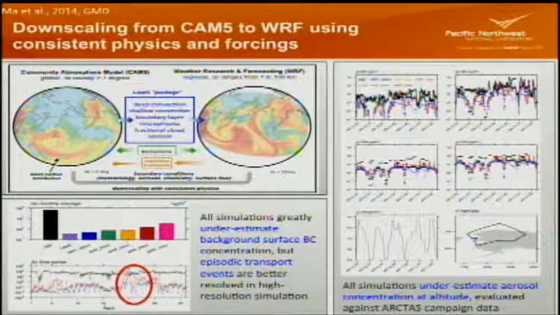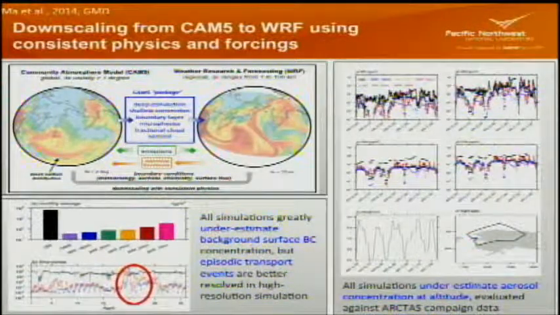We use the same emission inventory to drive both CAM5 and WRF. We port all this package from CAM5 to the original model WRF. The boundary forcing of WRF comes from the global model simulation that includes meteorology, aerosols, and chemistry.